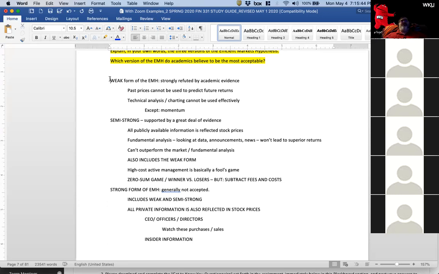There's nothing that supports it from the standpoint of an academically valid pattern, with one exception. And that exception is momentum, which we studied. It's a factor, okay? So pretty much the weak form of the efficient markets hypothesis is very strongly believed in the academic community. All right?